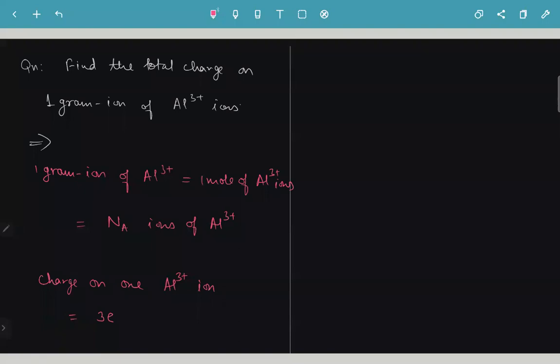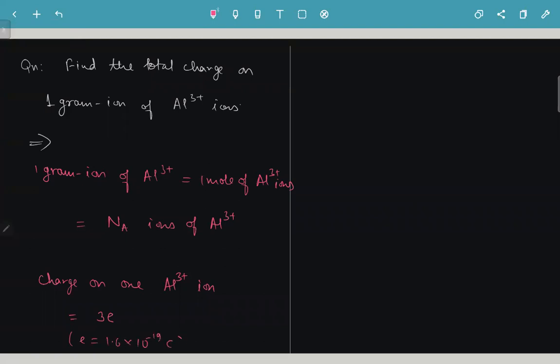So the charge on 1 aluminium 3+ ion is 3e, where the value of e is 1.6 × 10^-19 coulomb. When we say the charge is plus 3, that is the relative charge. The actual value of charge will be 3 times e, where e is the magnitude of charge on 1 electron.